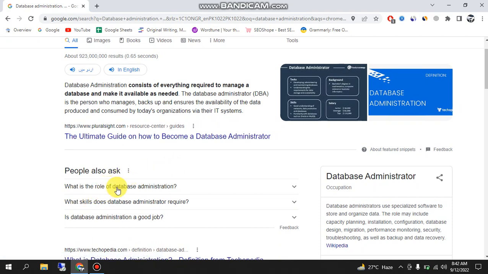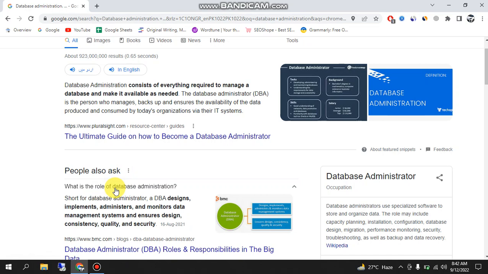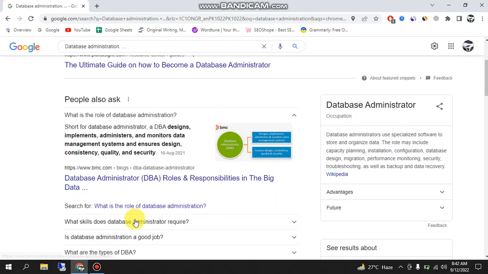What is the role of database administration? Short for database administrator, a DBA designs, implements, administers and monitors data management systems and ensures design consistency, quality and security.